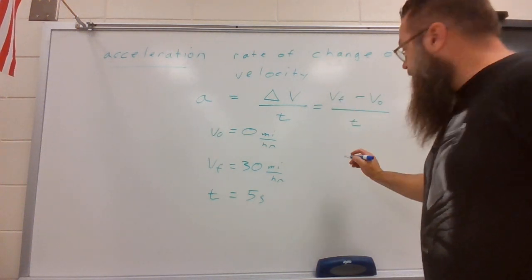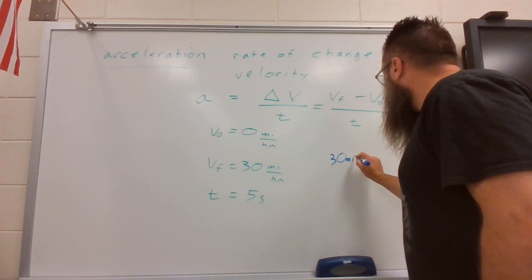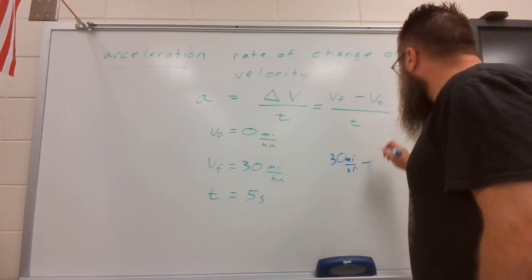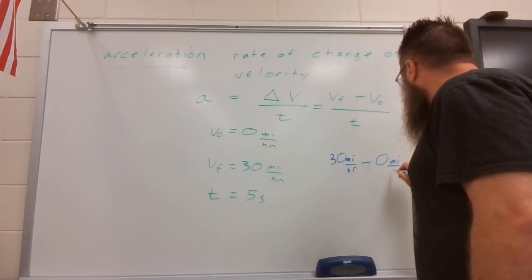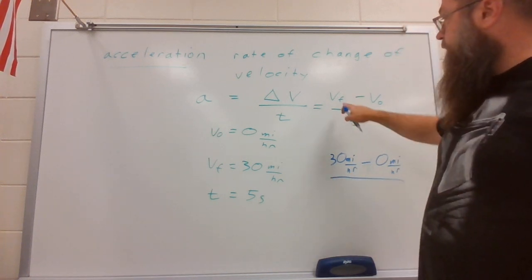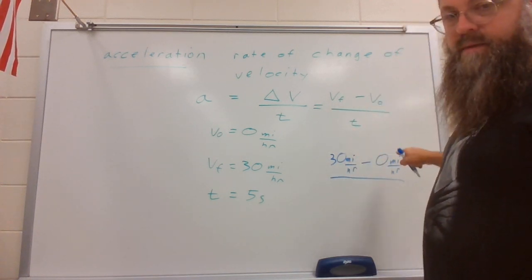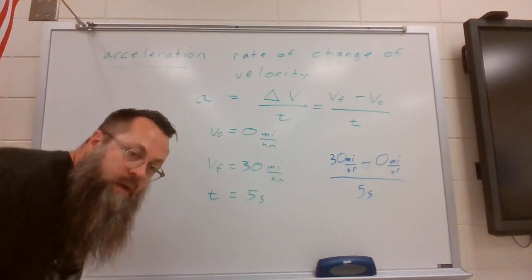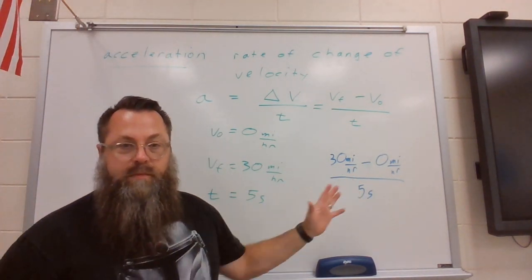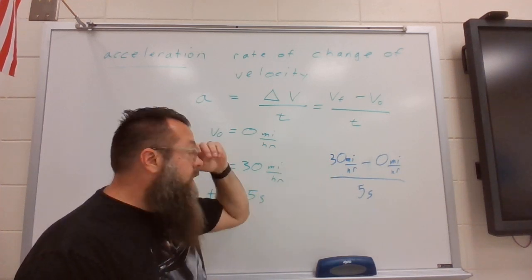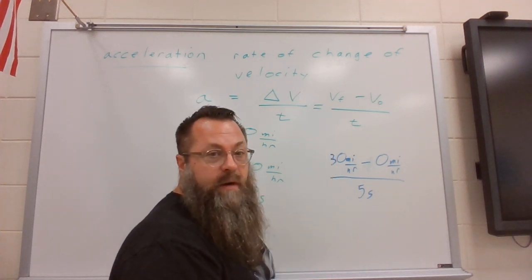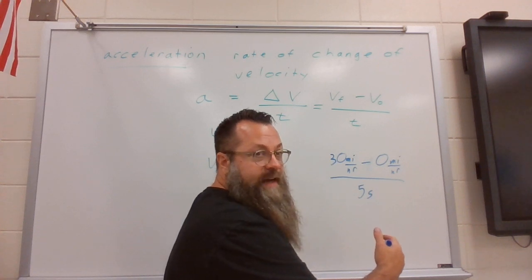So final velocity, 30 miles per hour, minus 30 minus 0, all right, so the final velocity minus the initial velocity, 30 minus 0, and the time it took to do it, we said 5 seconds. All right, so a pretty easy little calculation here. 30 minus 0, easy. Divided by 5, hopefully also easy. It's 30 miles per hour minus 0 divided by 5 seconds.